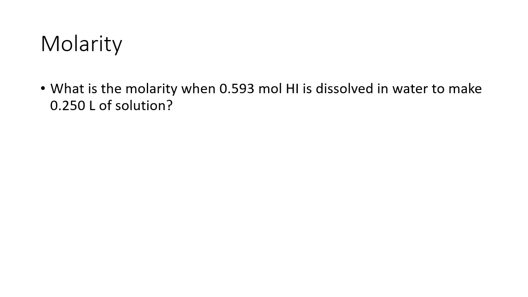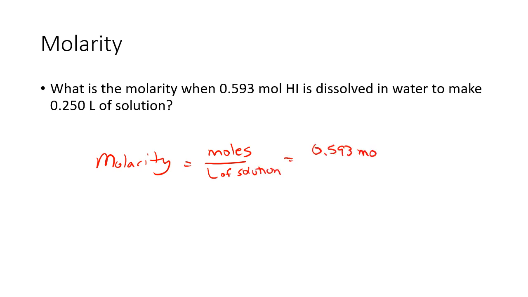What is the molarity when 0.593 moles of HI, hydroiodic acid, is dissolved in water to make 0.25 liters of solution? We would take the molarity as the moles per liter of solution, and so we would take the 0.593 moles of HI and divide it by the 0.250 liters.